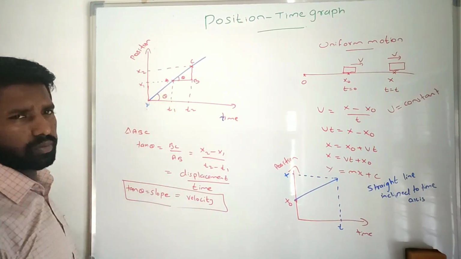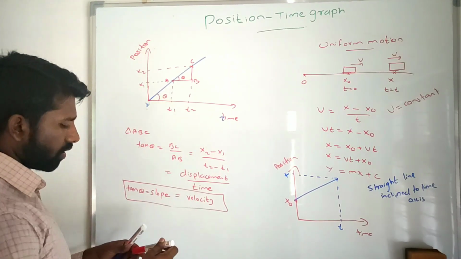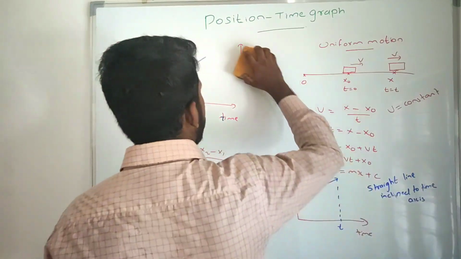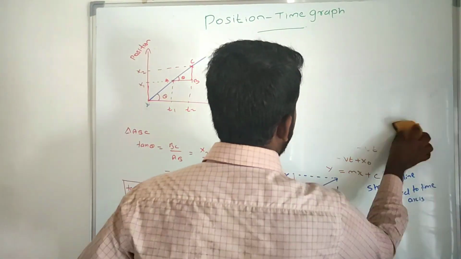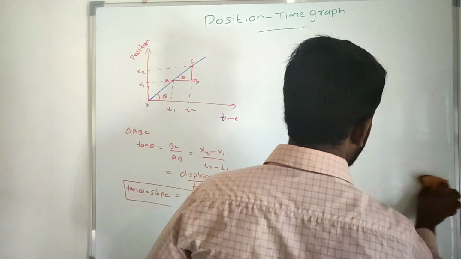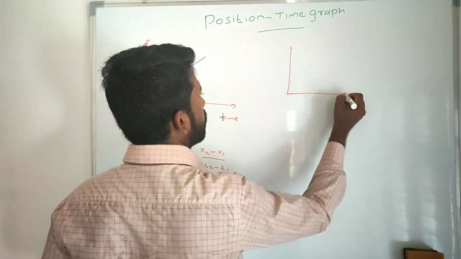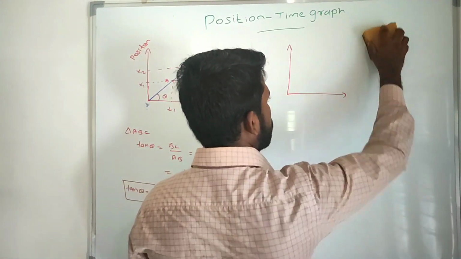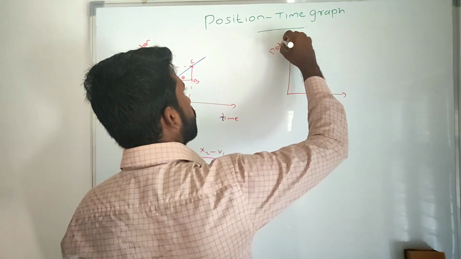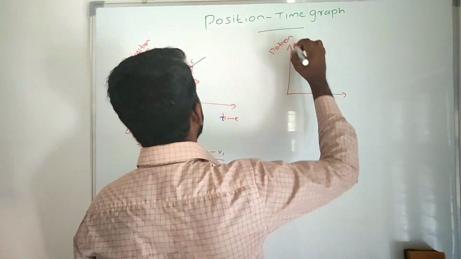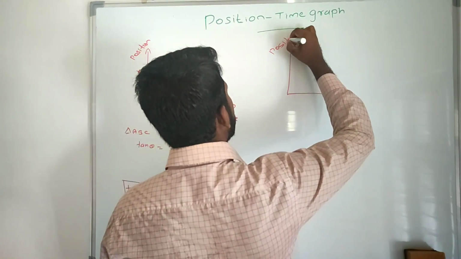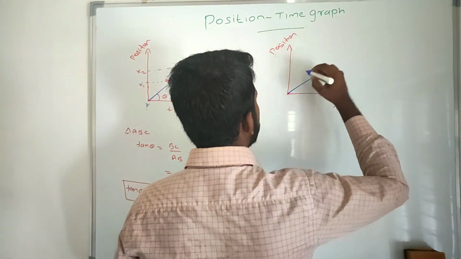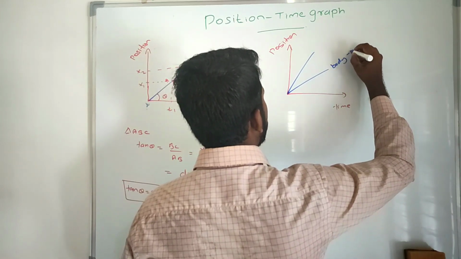If the slope is greater, the velocity is greater. Consider a position time graph for two bodies: the first body goes like this and the second body goes like this, body 1 and body 2.